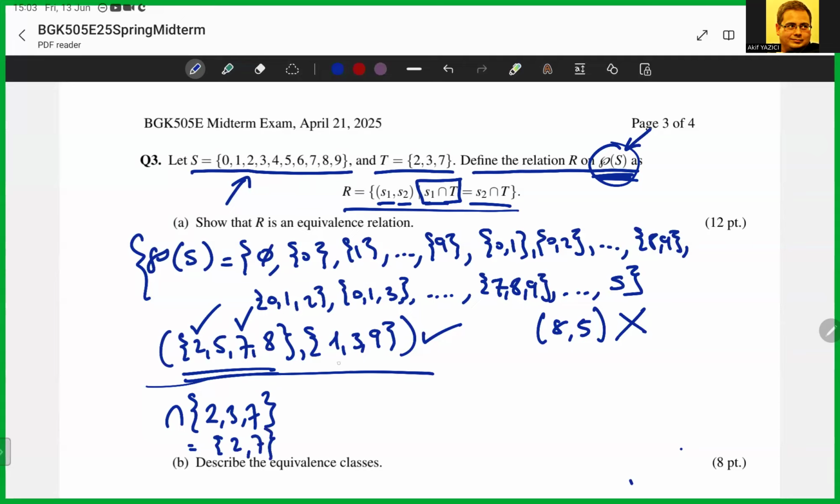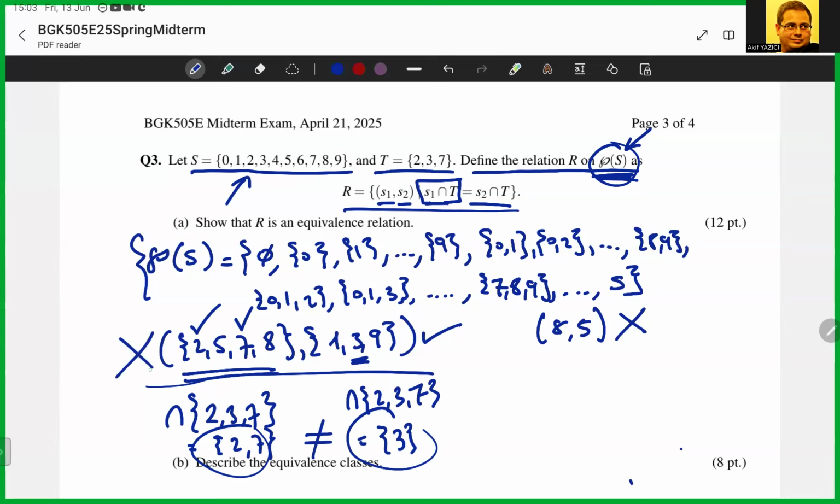So what about this? I don't have 2, I have 3, I don't have 7. So the intersection of this with T is {3}. And these are different. Therefore, indeed, this ordered pair is not in the relation R. Okay.